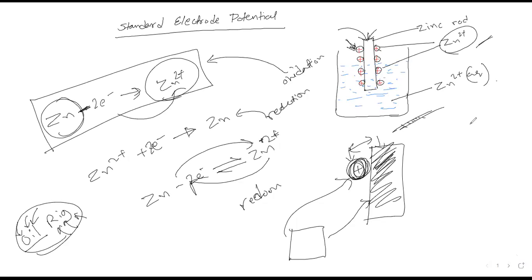One of the possible ways for us, which we will be using in chemistry, is by the help of the standard hydrogen electrode. Now, what is that? This is an electrode. Okay, this is a zinc electrode. In the same way, there will be another electrode where, as the name suggests, it's a hydrogen electrode.